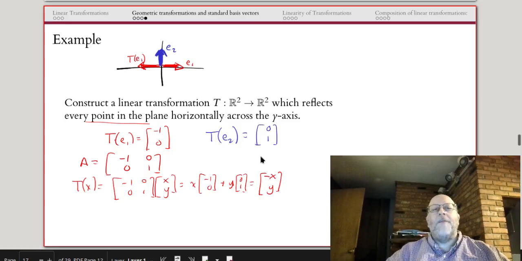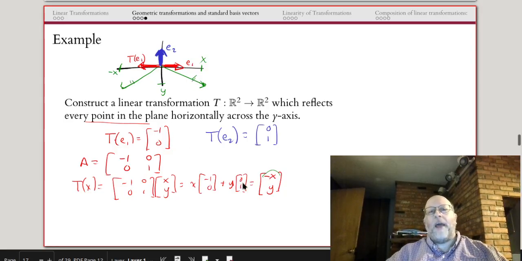And so for any vector that's in the plane, the transformation moves x over to negative x, but leaves y exactly the same, and therefore it will move this vector to its reflection across the y-axis.